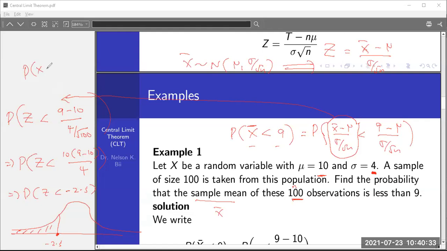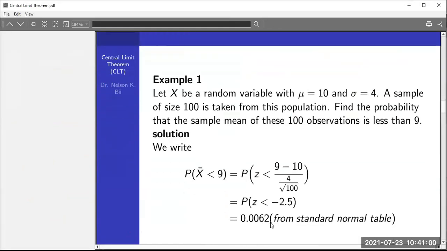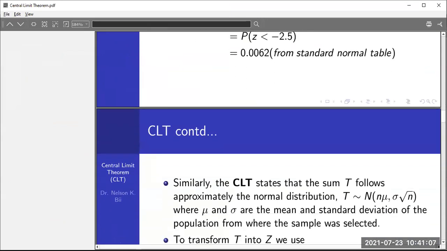Yeah, so the probability that x bar is less than 9 is equal to 0.0062. Okay, so I believe you've given us the correct answer. Okay, thank you. So that is the value we can obtain from the standard normal tables.